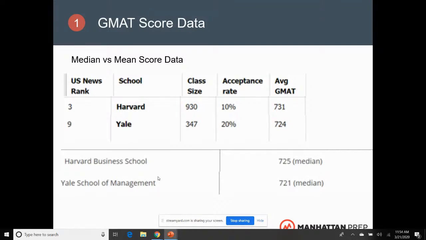Averages are pulled or heavily influenced by outlier trends. Put another way, everyone who magically scores a 780 on the GMAT throws an application Harvard's way. Harvard could, if they wanted, admit an entire class who scored 780.